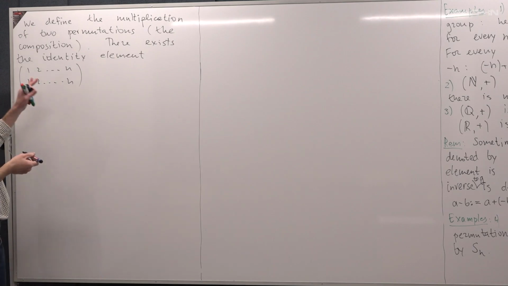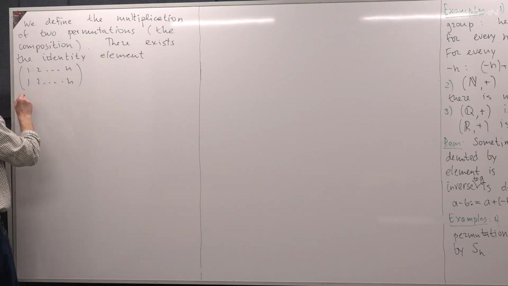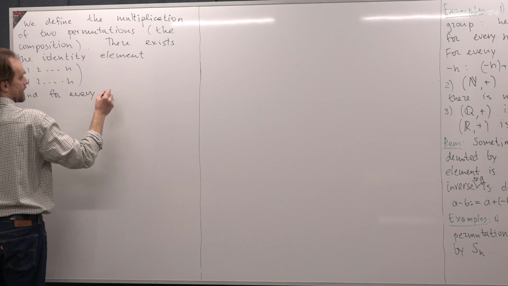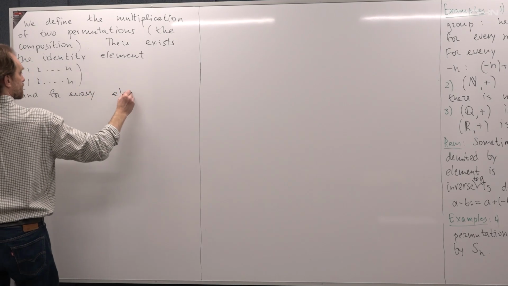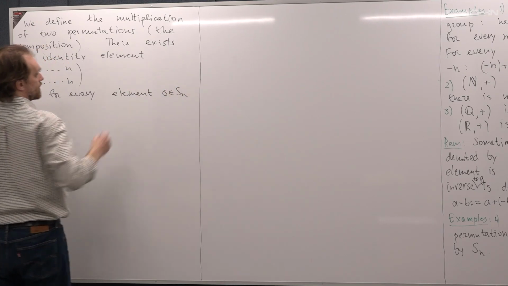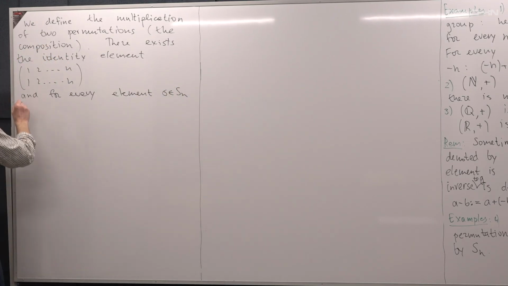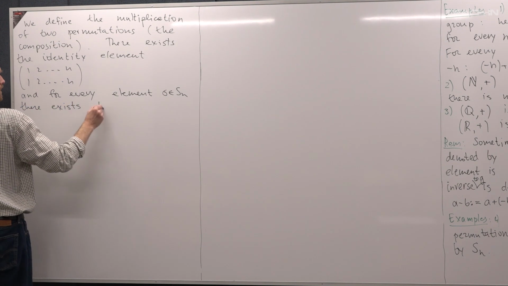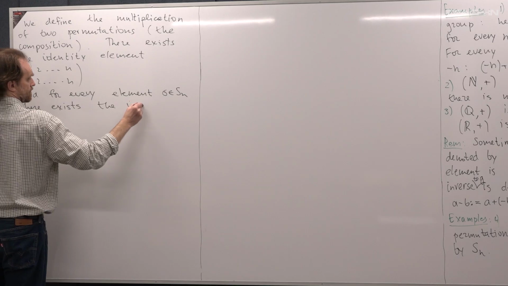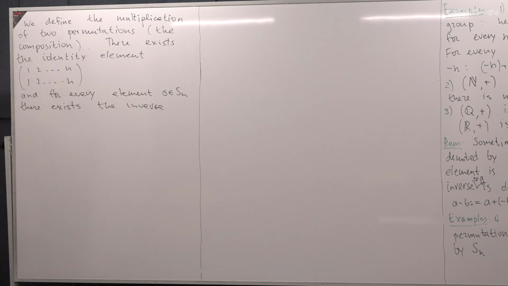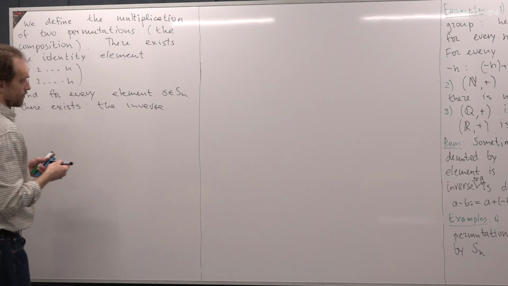So this is just the identity mapping, and for every element sigma from this set, there exists the inverse. So we have already discussed this, but we just did not use these words.